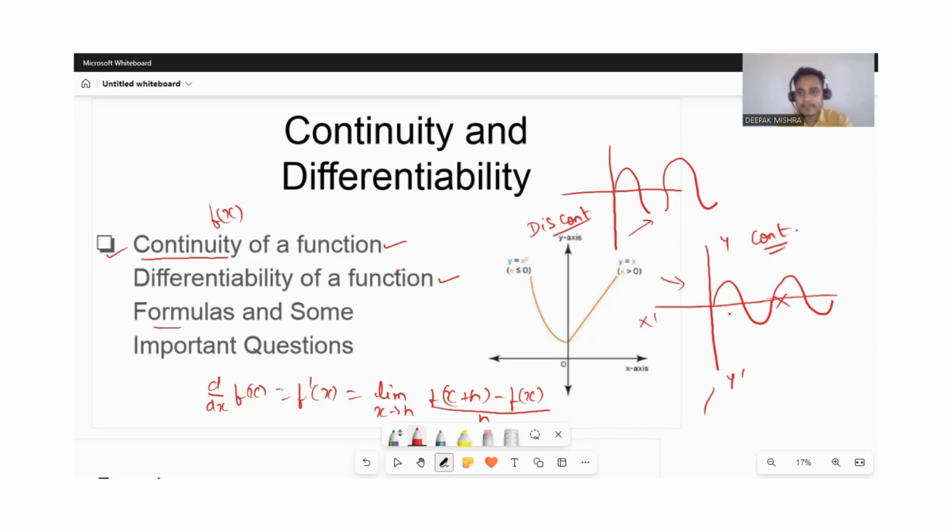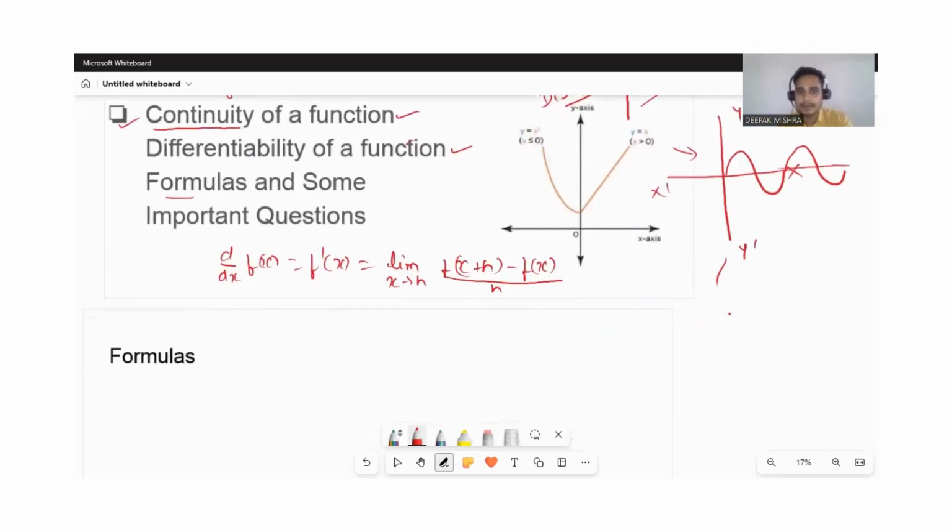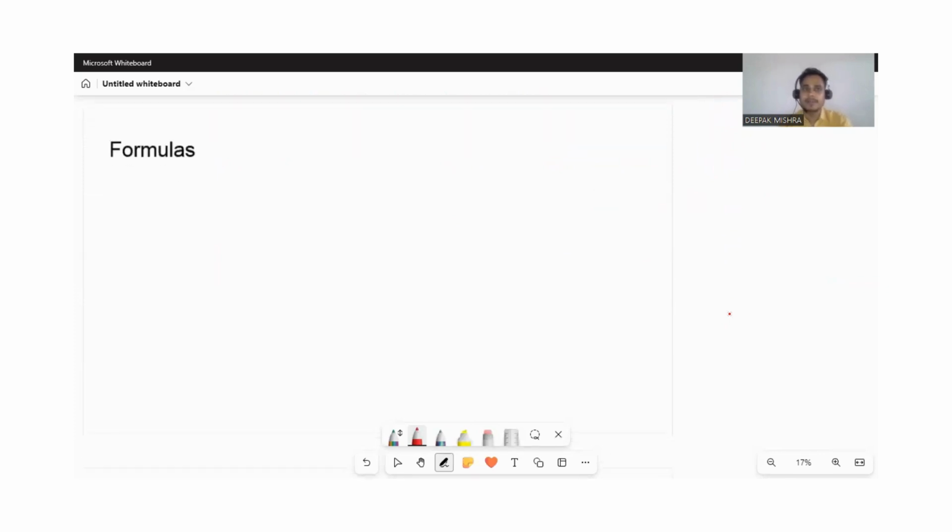Now let's discuss some important formulas related to the continuity of a function and the derivative of the function. The basic formulas related to the continuity of a function, as we have already read in our class 11th, are: limit x tends to a, (x to the power n minus a to the power n) upon (x minus a), that is n a to the power n minus 1.